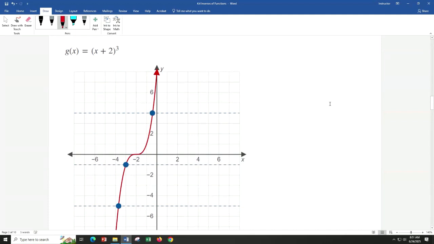First off, it obviously passes the vertical line test. But notice, once again, because it's a function, we're always going to have different x values. That's the definition of a function. But notice, every single x value is going to produce a distinct y value.